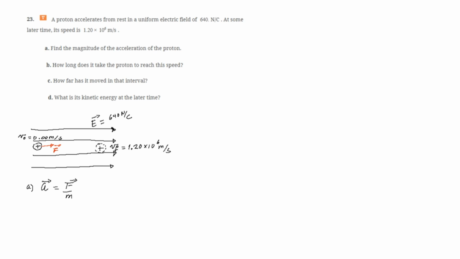So if what I have is a proton, the acceleration of the proton will be equal to the electric force divided by the mass of the proton. Now, the electric force acting on this proton will be equal to the intensity of the field times the charge of the proton, and divided by the mass of the proton.